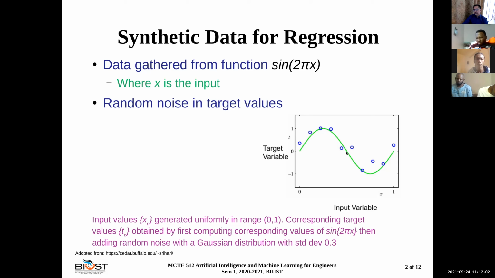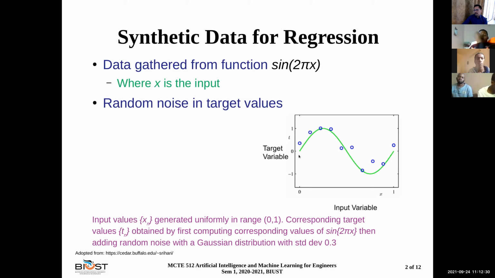In this case, it looks like some data points can be exactly on the line, and some points are not exactly on the line, maybe because of some noise. So these points here are your values, or your data.